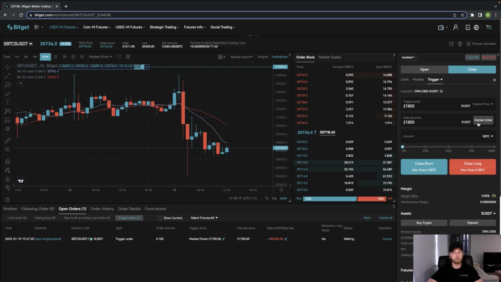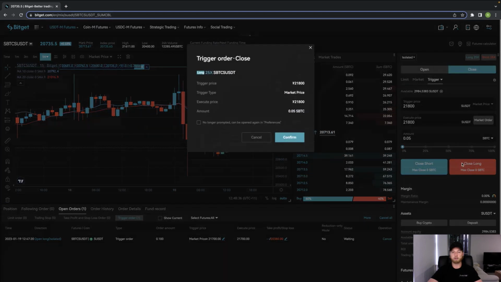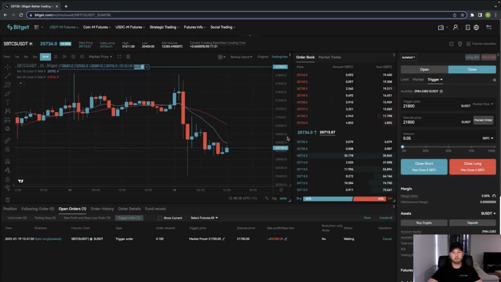We can use market order again, but we are susceptible to slippage. Below that is the amount, so the amount that you want to sell at this price target. So for this example, I'll use 0.05 Bitcoin, or 50% of my position, and then we click close long. We get the summary page, and then we click confirm.